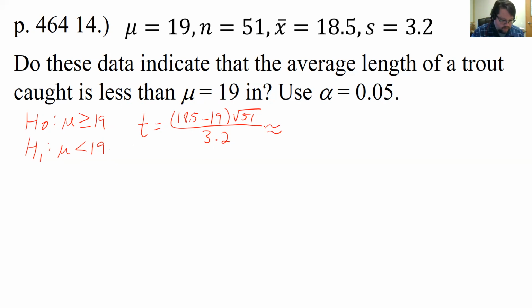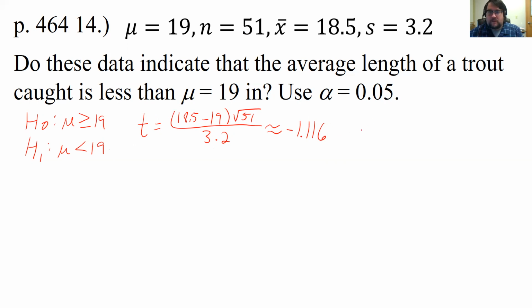So 18.5 minus 19, times the square root of 51, divide by 3.2. And we get a negative 1.116. I think all the values in that chart have 3 decimal places.